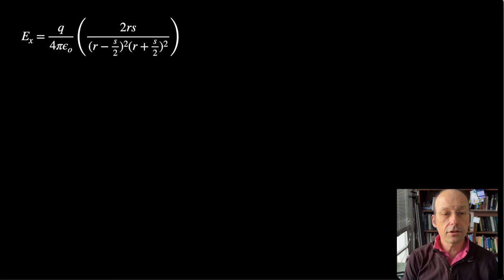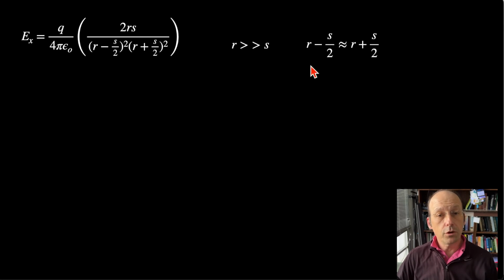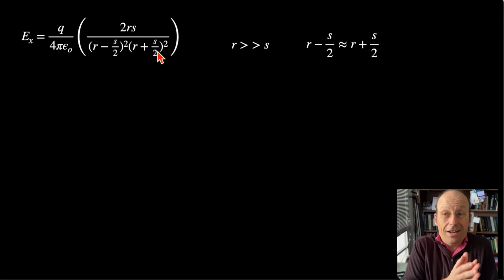Here's our expression that we have right now. In the far field, I can say r is much greater than s, which means that r minus s over 2 is approximately equal to r plus s over 2. If s is small, it doesn't matter if I add it or subtract it, I'm still about at r.